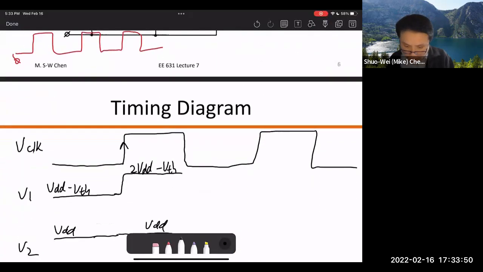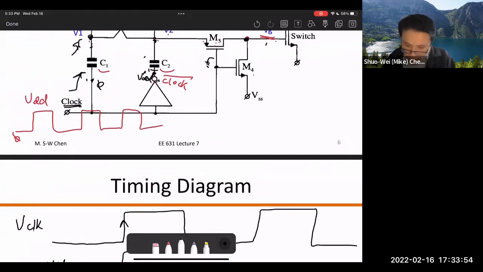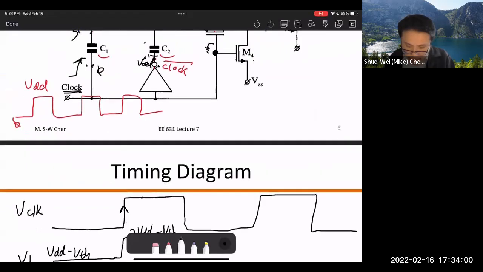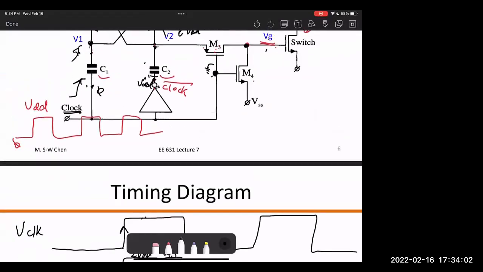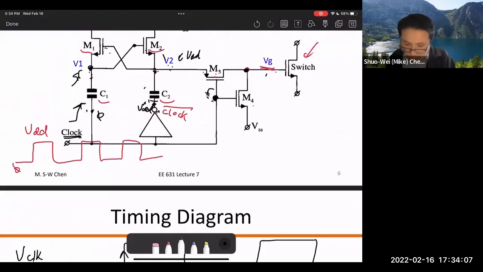Okay, so now let's take a look. In this case, the gate of the M4 right now is high, right? Because the clock goes low to high. And then if the V2 node right now is still VDD, and this is instead of ground, right now going to VDD.